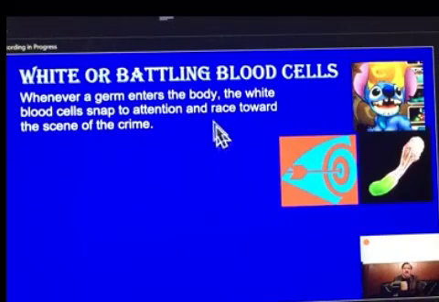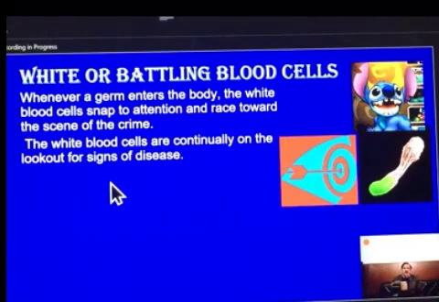The white blood cells are also called battling blood cells because when a germ enters the body, the white blood cells snap to attention and race towards the scene of crime. The cells are continually on lookout for the sign of disease.